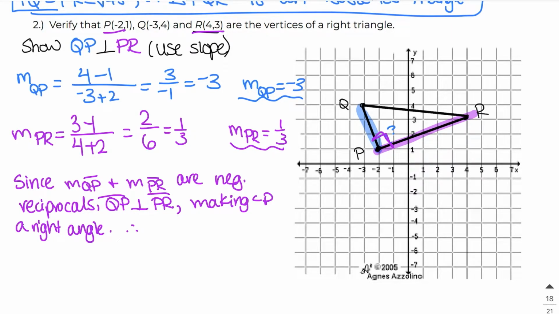Therefore, triangle PQR is a right triangle. And that's it for this question.